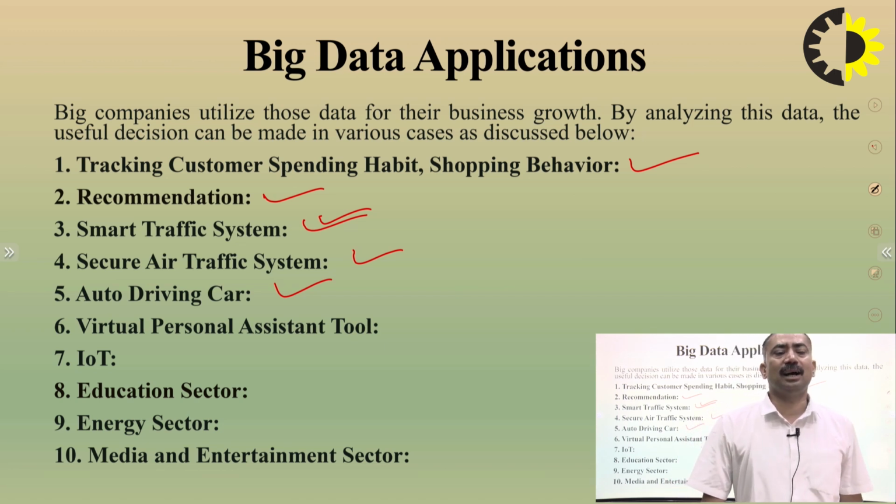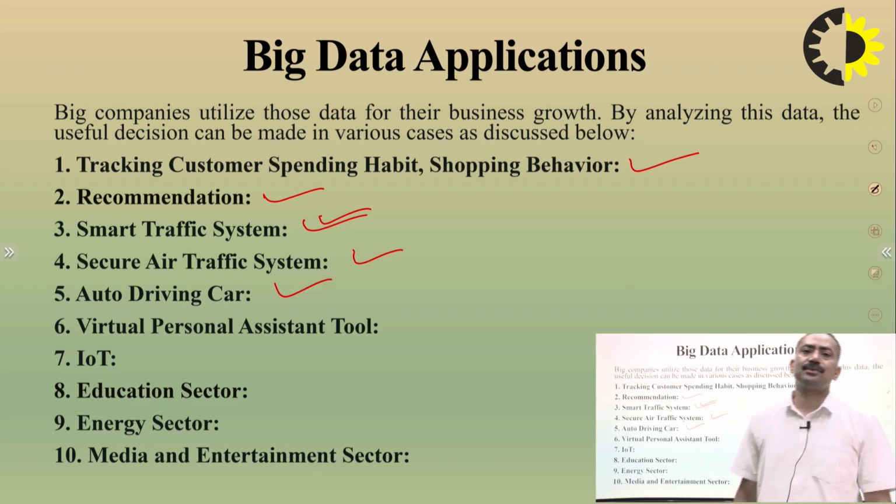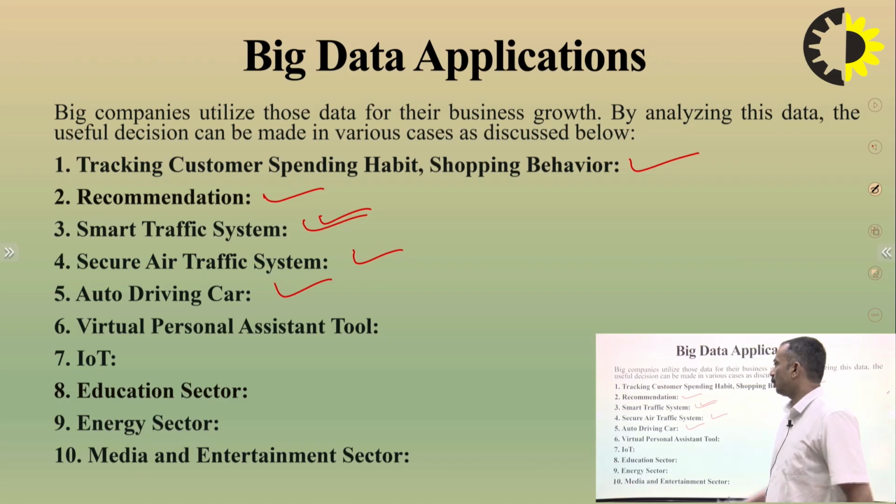And these data are analyzed, and then various calculations like how many angles to rotate, what the speed should be, when to stop, and all other parameters are carried out, and these calculations help to take action automatically.